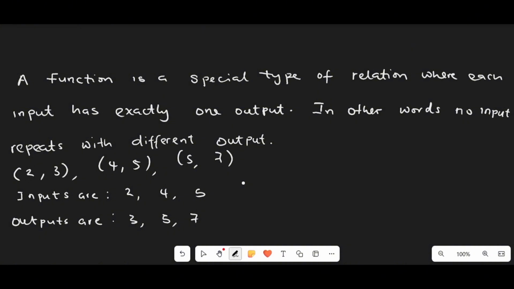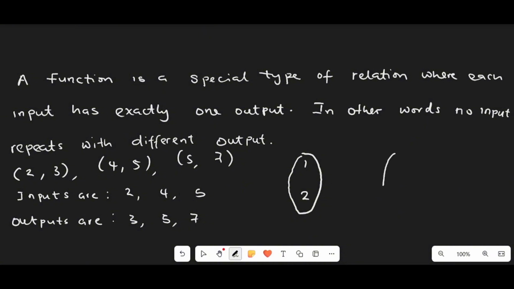Let us consider another example to show that it is not a function. This is our input, 1 and 2.